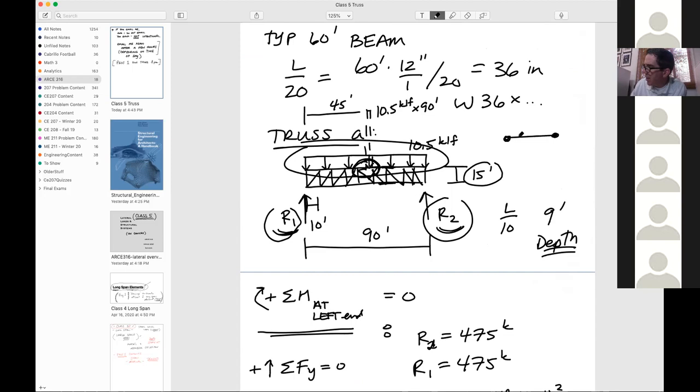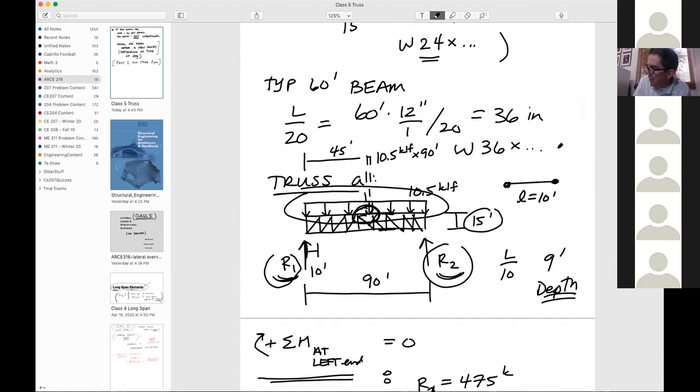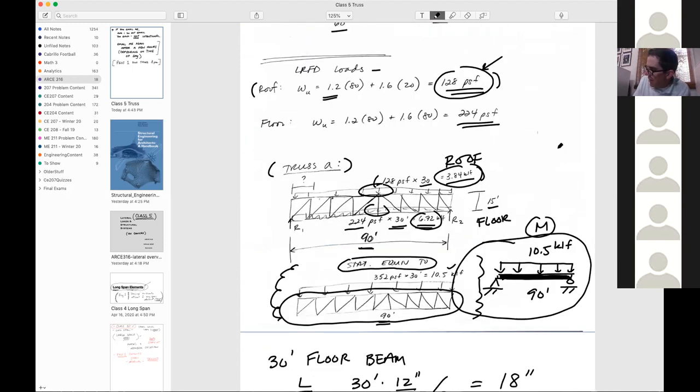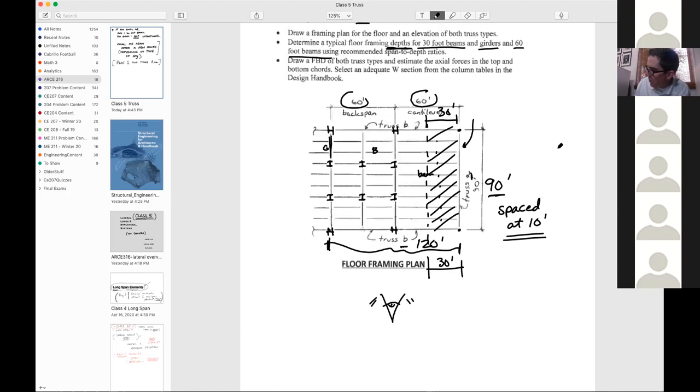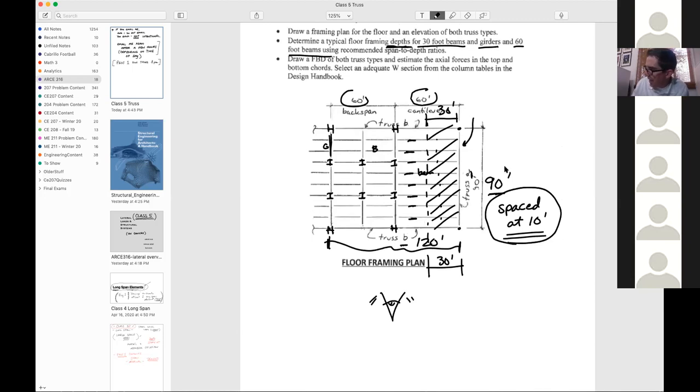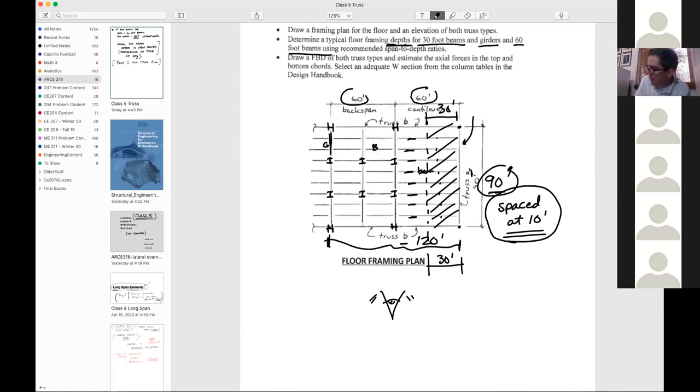That's where the moment is the largest. And so between the nodes, we've got L equals 10 feet. And the reason why is because that's what was given to us all the way back here. We were given a floor plan that had 8 beams or 9 spaces. So 90 divided by 9 would be 10 feet.